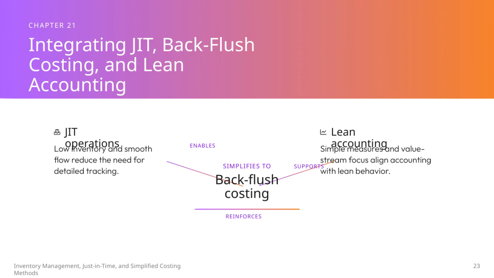Lean accounting, in turn, reinforces these principles by using simple measures and focusing on value streams, which helps align accounting practices with lean behaviors in the organization. Together, these approaches create a streamlined system for inventory management, costing, and operational efficiency.